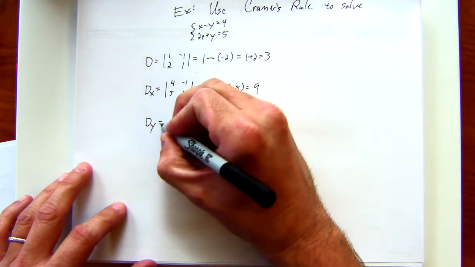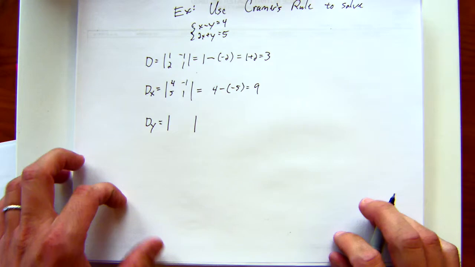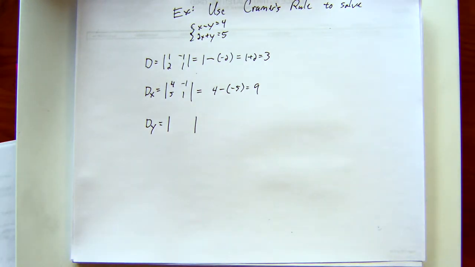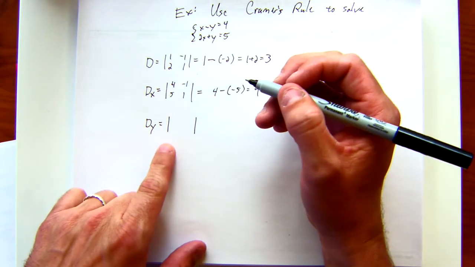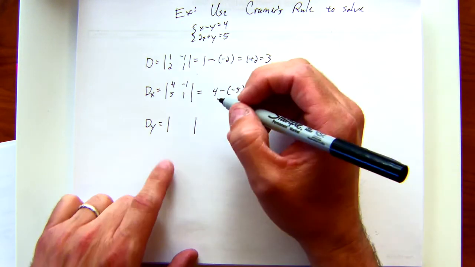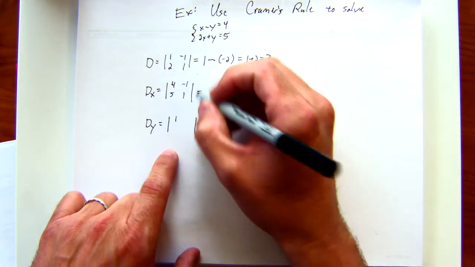Everyone try to write D sub y. What'd you guys get? 1, 2.